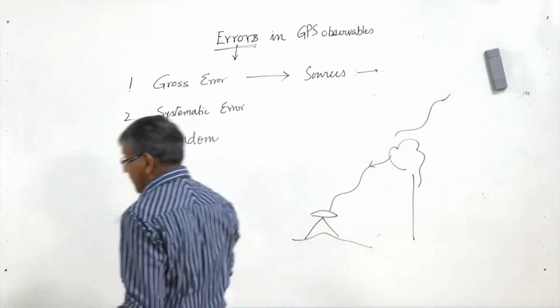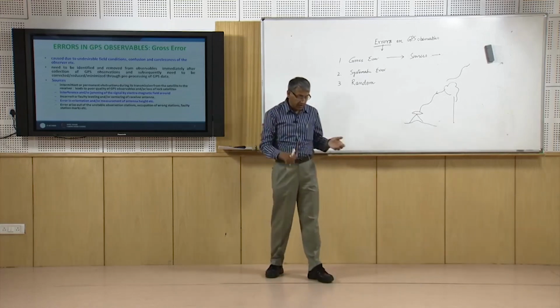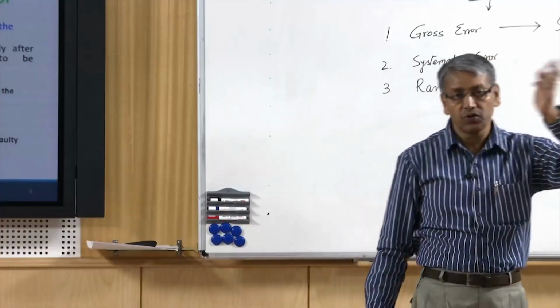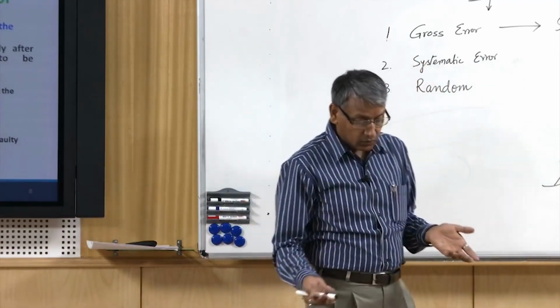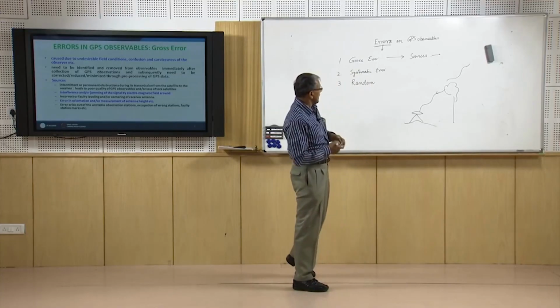That means physical obstruction of the signal during its transmission from satellite to receiver. Due to that, there may be some gross error.